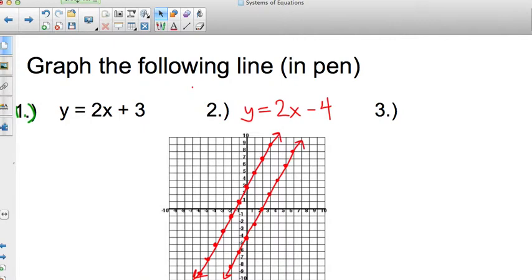Okay, raise your hand if you need more time. Alright, take 30 seconds with the person next to you. I want you to discuss, by looking at the graph, what's the same about these and what's different. Okay, take 30 seconds, go ahead. The difference is that they're different points.